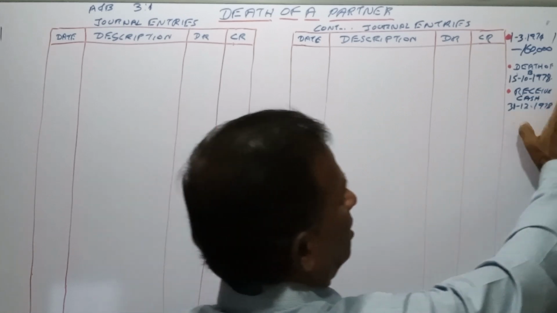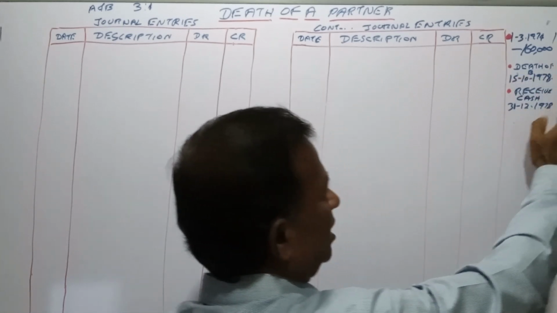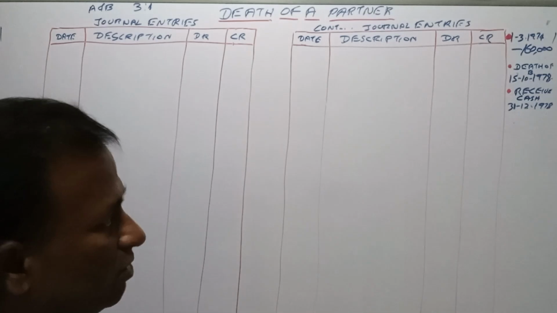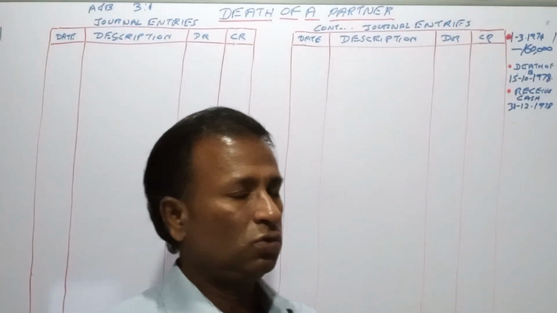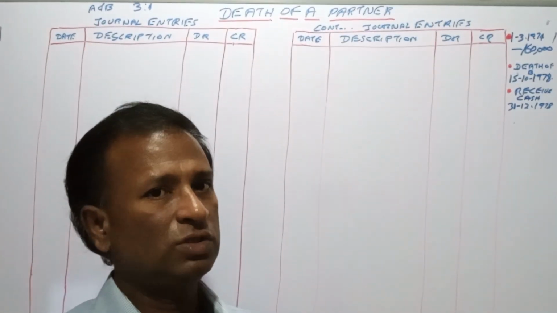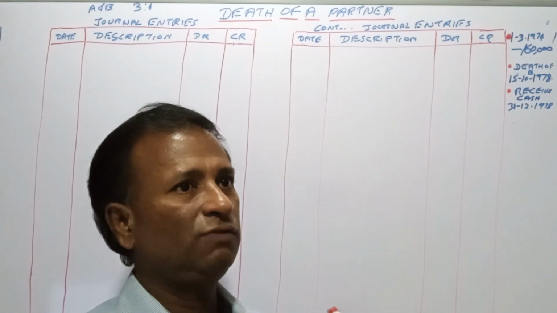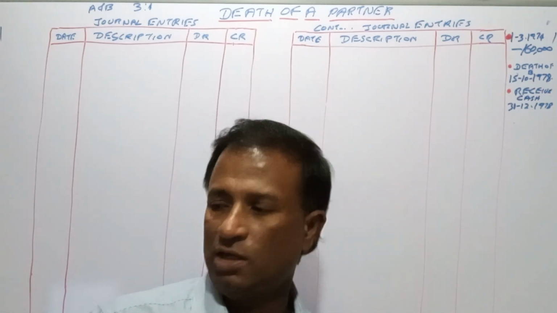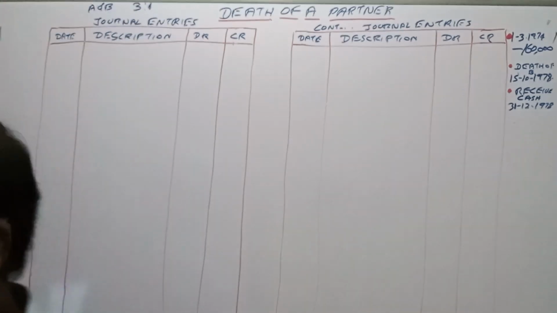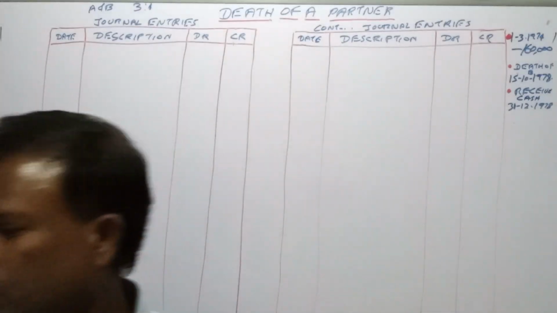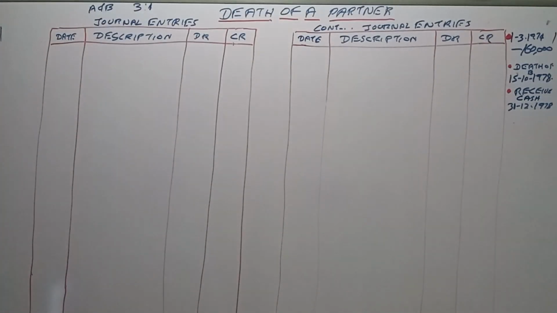They receive the cash on 31st December 1978. The partnership used to close their books of accounts on 31st December every year. That is the fact given to you. So pass the necessary journals.